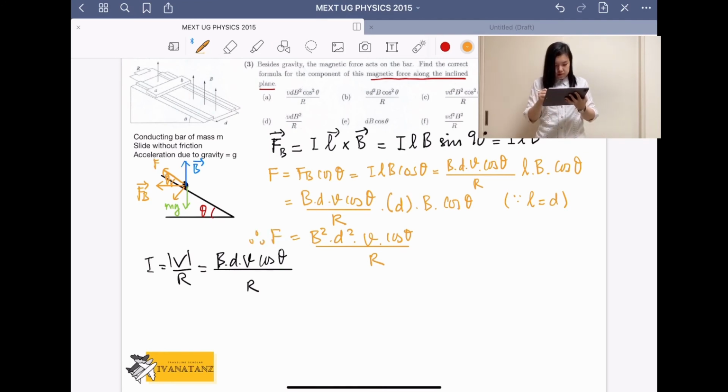Oh, this is cosine square. Okay, the answer is C.